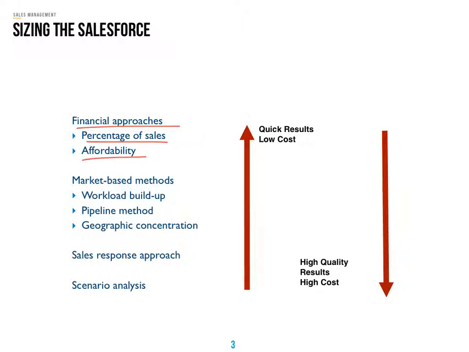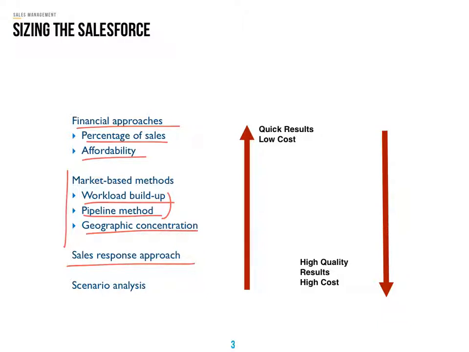Then you have the market-based methods. One is the workload build-up approach, I'll explain it in a minute. The pipeline method, that I'm going to also explain together with this one. Or geographic concentration, which is basically looking at where customers are, in what regions, and more or less how many salespeople I need to serve these people. The sales response approach, which we'll also explain later on.